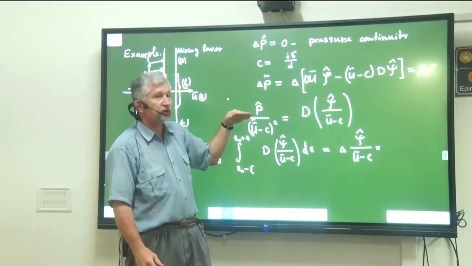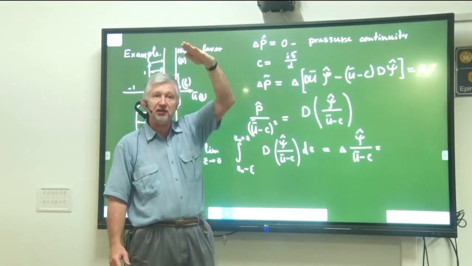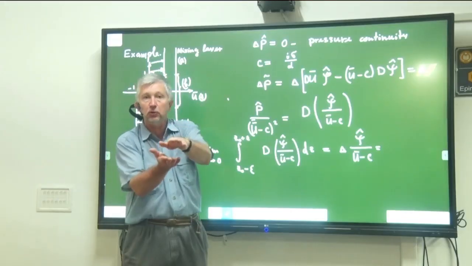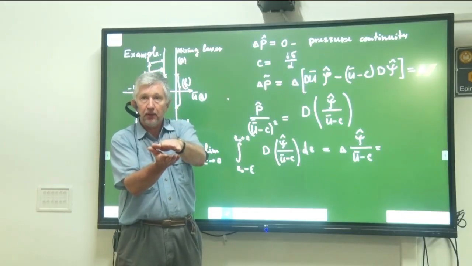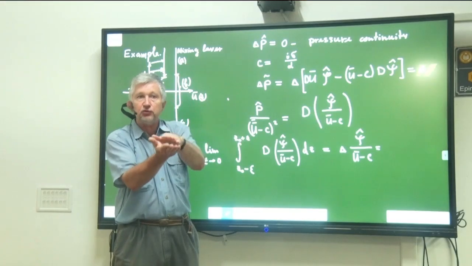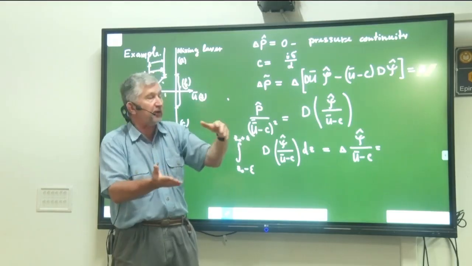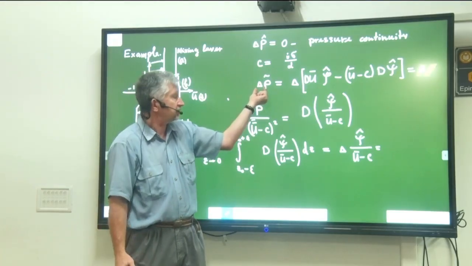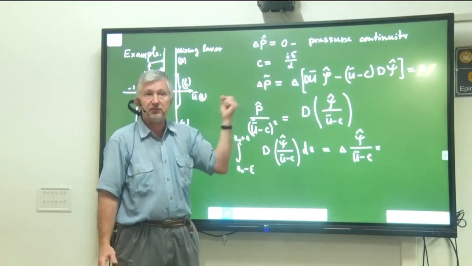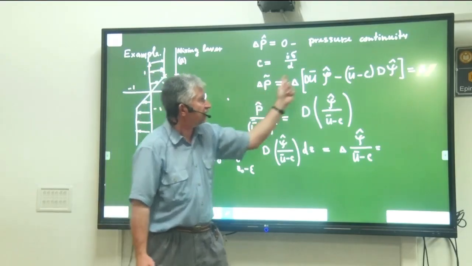So therefore, we introduced the value of the pressure just above the corner point and just below it. And we compared them. The 2 values of the pressure must be equal to each other, so therefore the difference between them, that is denoted by this delta, must be equal to 0. So that is the physical condition.